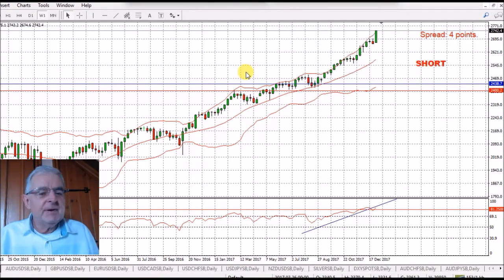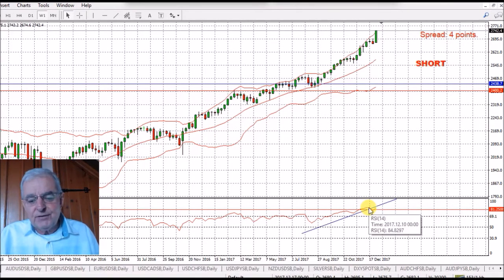This is the S&P 500, and this is a weekly chart, and we saw a massive rally last week on the S&P 500. On the RSI, and this is very interesting, we saw the RSI come up. It cut nicely through, and this is quite a nice cut.